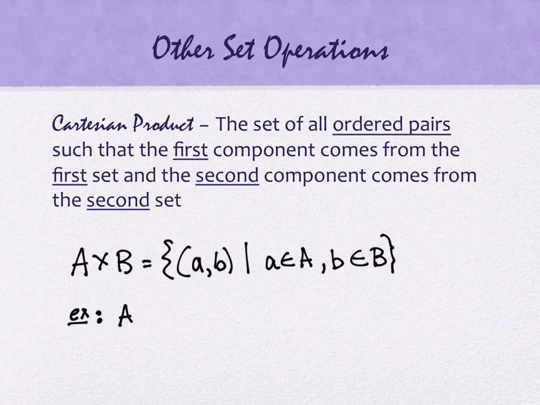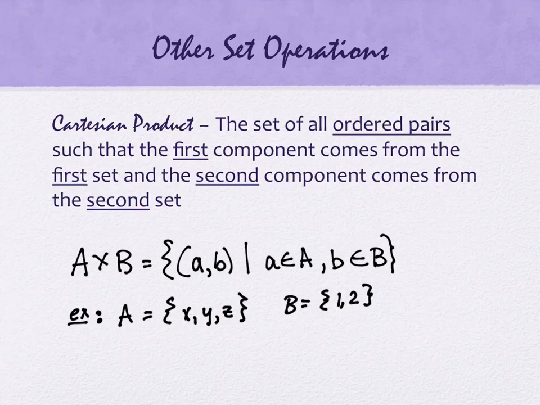So if I had set A, and let's say that set A is X, Y, and Z. Those are the 3 elements that happen to be in set A. And set B is a grouping of numbers, 1 and 2. Doesn't matter what I pick, but it'll work. Then what happens when I do the Cartesian product is that I make ordered pairs.